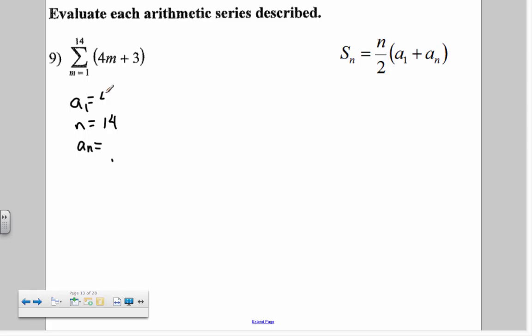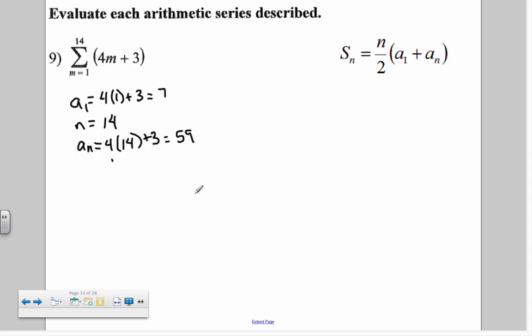So I can easily figure out the first term and the last term. The first term, I can figure out by plugging in 1 for my variable. So 4 times 1 plus 3 is 7. The last term, I can figure out by plugging in 14 for my variable. 4 times 14, well, 4 times 10, that's 40, plus 16 is 56, and then add 3 gives me 59.